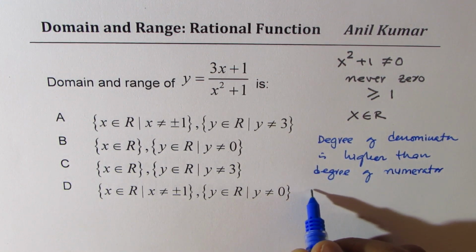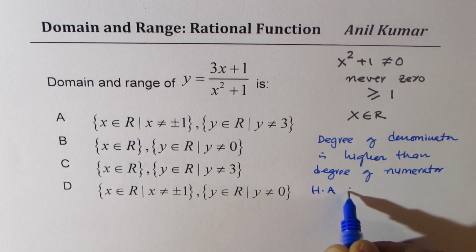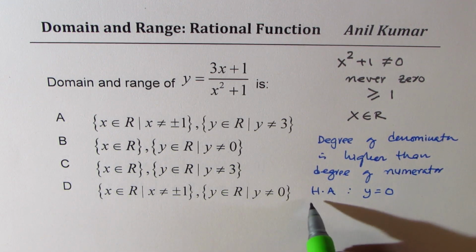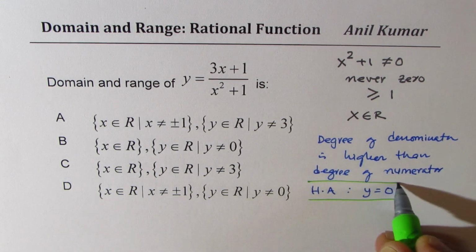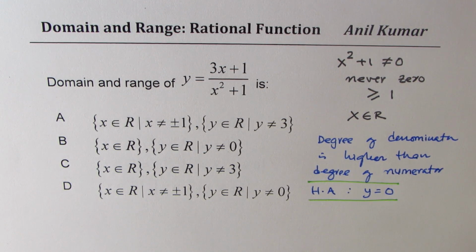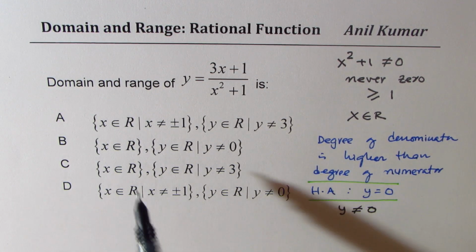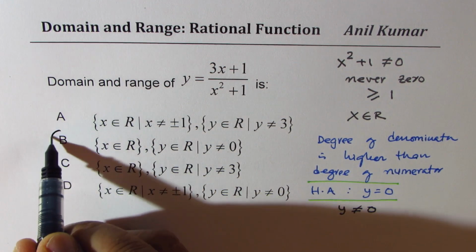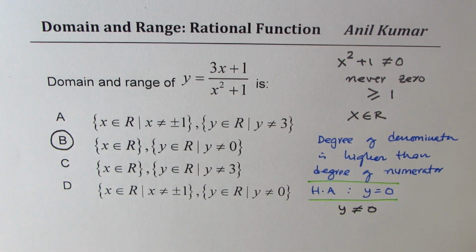We have a horizontal asymptote, which is y equals to 0. So that is the horizontal asymptote, y equals to 0. Therefore, we do have a restriction, which is in the range y is not equal to 0. Right? So that is the right option. We are looking for x belonging to real number and y not equal to 0. That makes option B as the correct option, right?